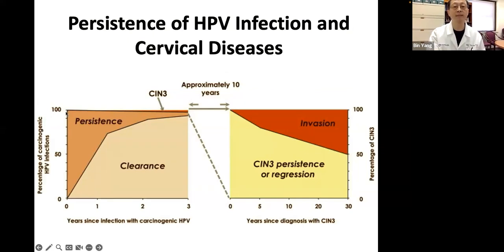So in this roughly 10-year period of time, there's individual difference, mainly depending on their personal immunity status.